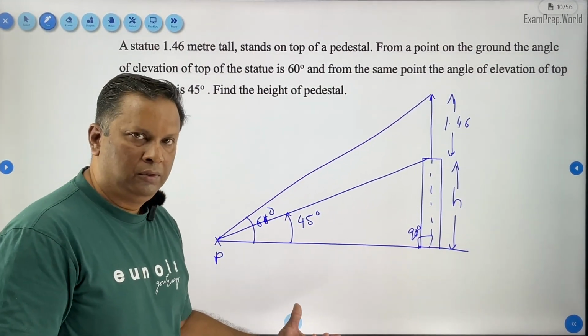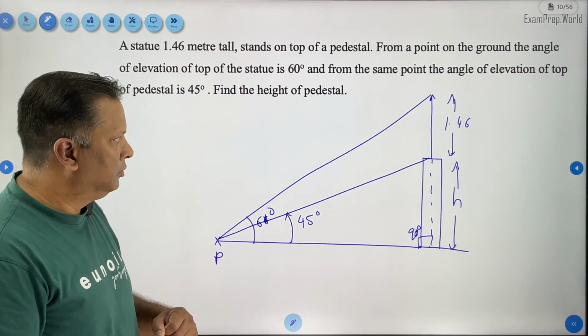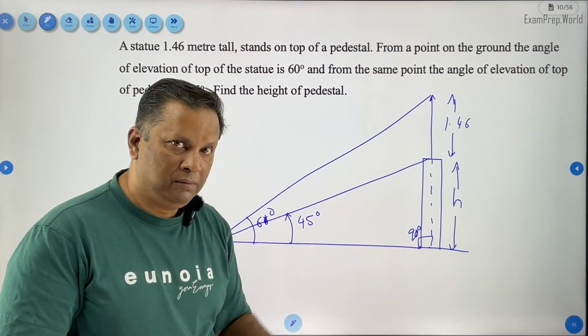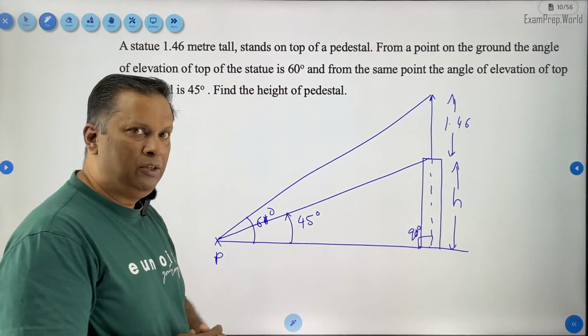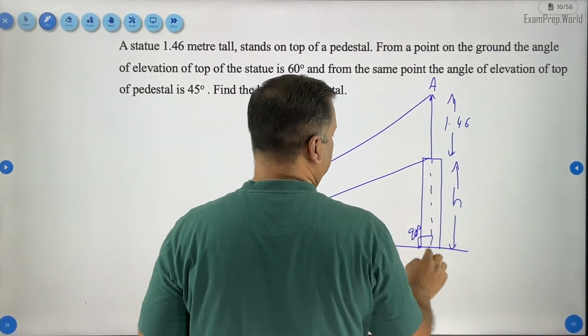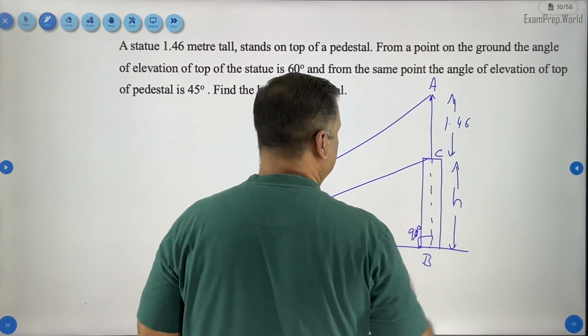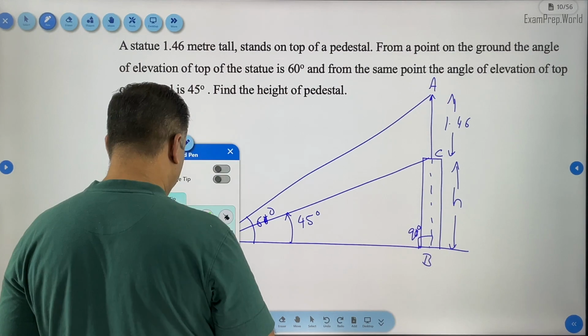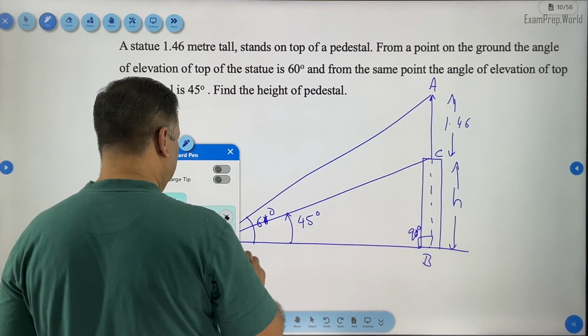How will you do it? How many triangles do you see here? I see 3 triangles, but I am interested in right angle triangles. So I see only 2 right angle triangles. Let me name them P, A, B, C. One of the triangles I will draw with 2 colors so you will see our 2 triangles.